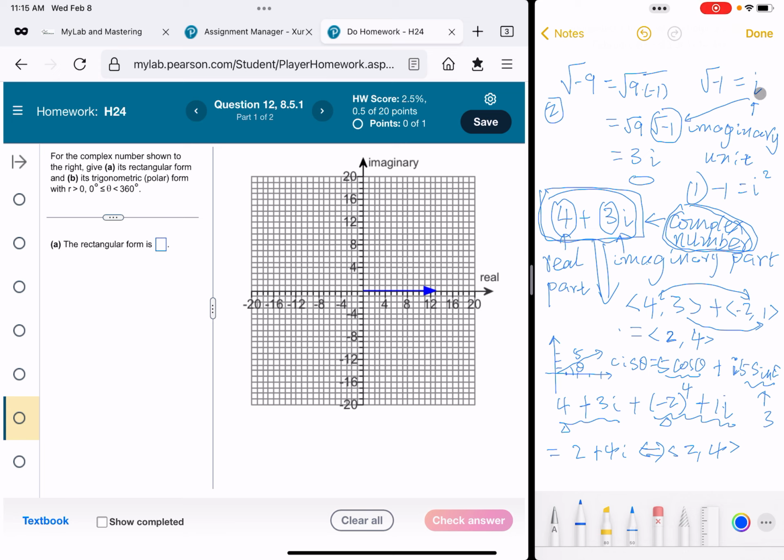Radical -1 is i. So radical 9 is 3, radical -1 is i. So then we can deal with all the negative numbers inside the radical sign just by introducing a new imaginary unit, i equals radical -1.